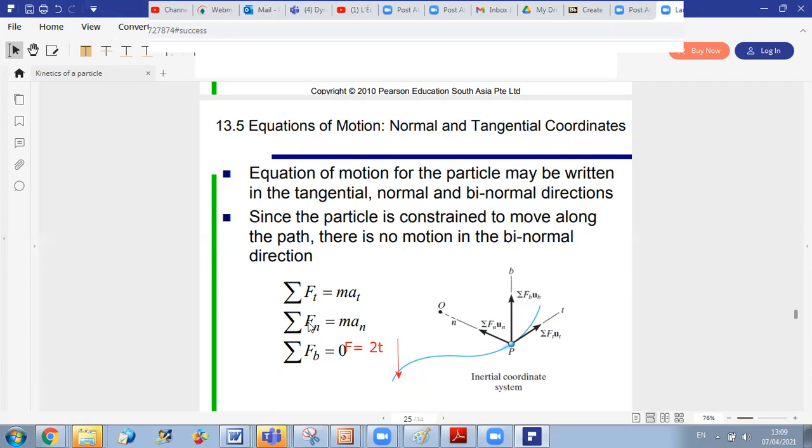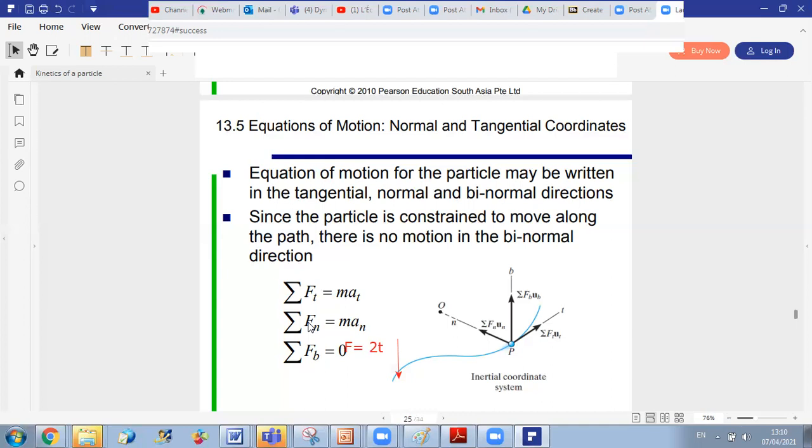So in case I have a circle, or any curve, because we have seen together that if I know y as a function of x, I can determine the radius of curvature at any location. So the second type of Newton's law application is writing the equation of motion in normal tangential coordinates.